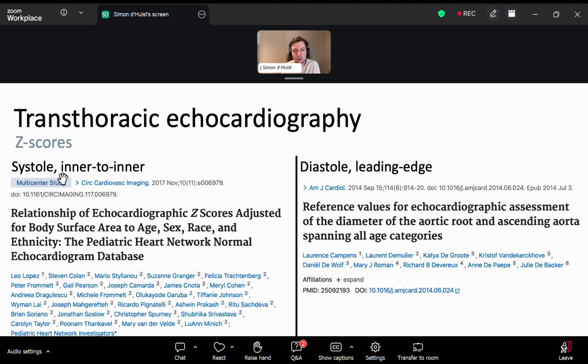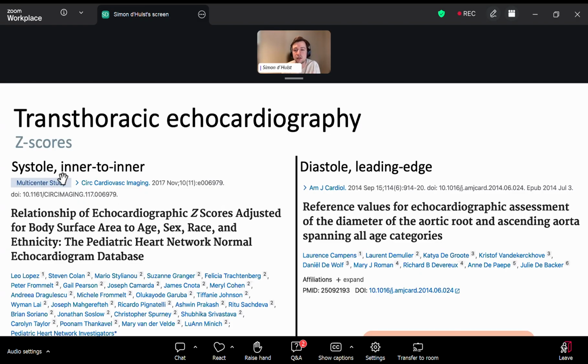The most important part about using z-scores is actually that you're consistent, one in, of course, your measurement method, but also that you stick to one z-score method during your follow-up, because of course these measurements can differ between methods, and if you alter your management on it, it should be the same one that you're using.